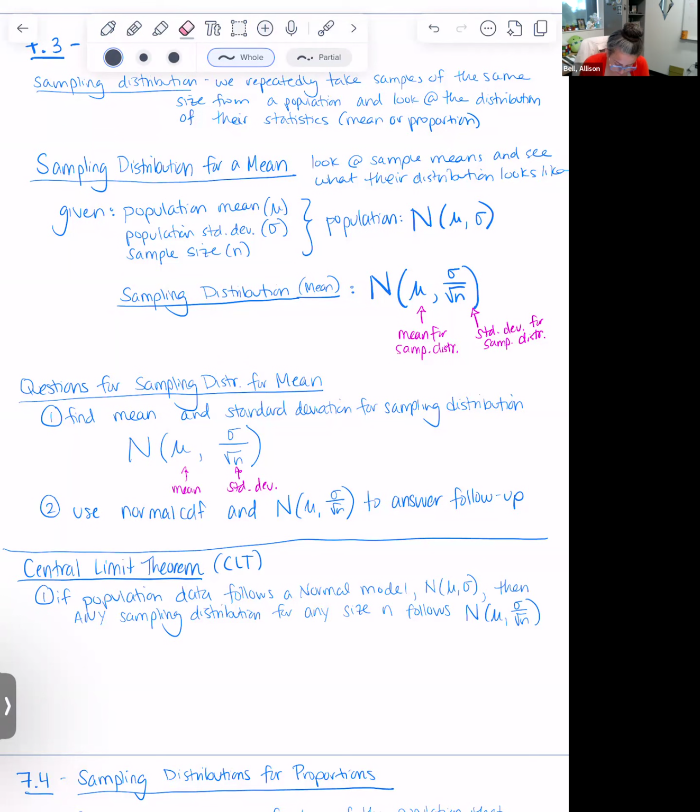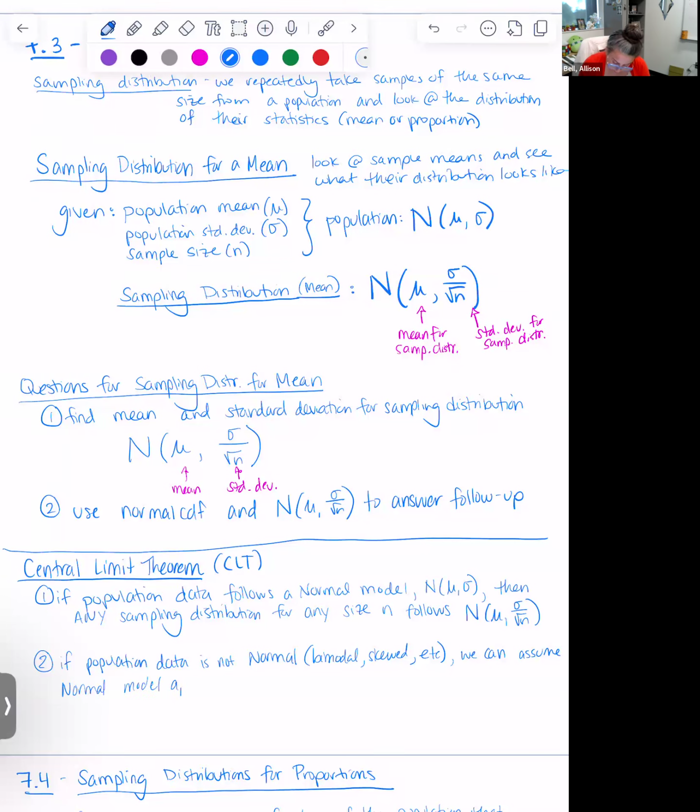The second part says if the population data is not normal, so maybe it's bimodal, skewed, or something else that makes it not unimodal and symmetric, we can assume the normal model applies only when n is greater than 30.